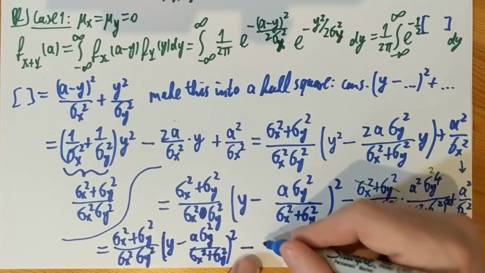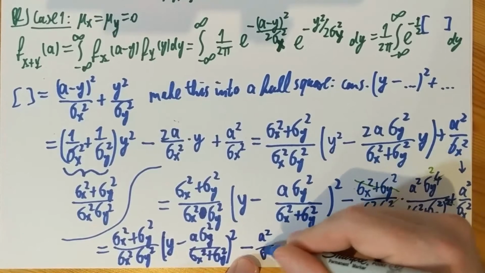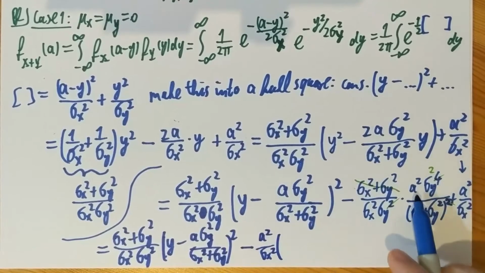a square over sigma x square as a common factor, a square over sigma x square in both.